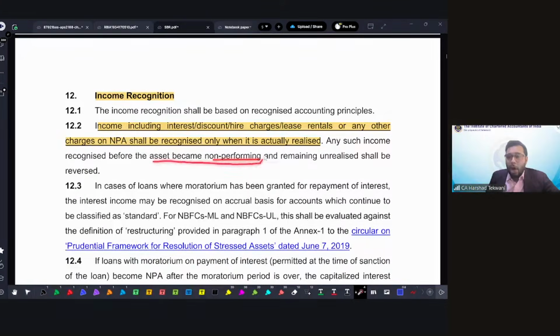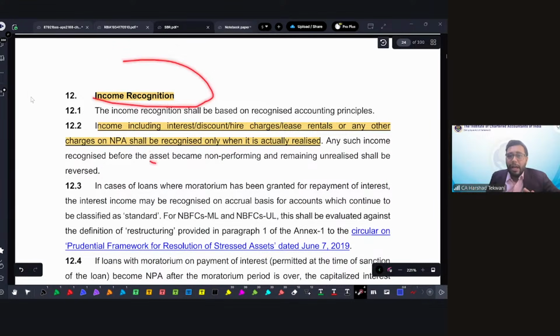Before I deep dive into income recognition, I have to understand the classification of assets with respect to the performance standards. Now, can anyone tell me what is NPA? If you have already gone through it, what is NPA?